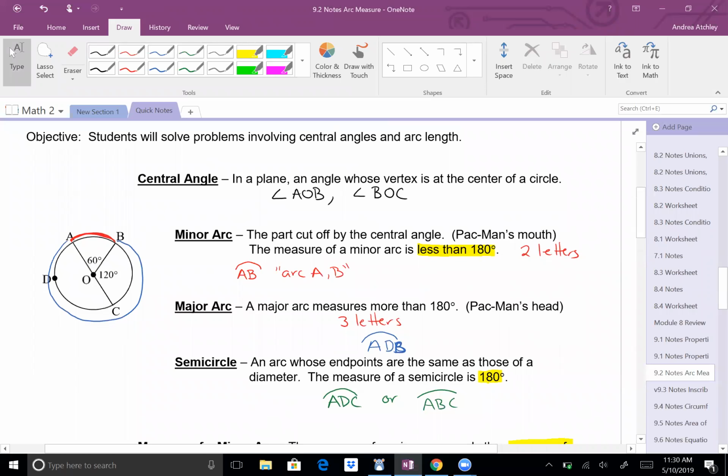So here, arc AB, its central angle is 60, so the measure of arc AB would be 60 degrees. The same thing with BC. The measure of arc BC would equal what, class? 120, because the central angle is 120. Any questions over that? We're good?